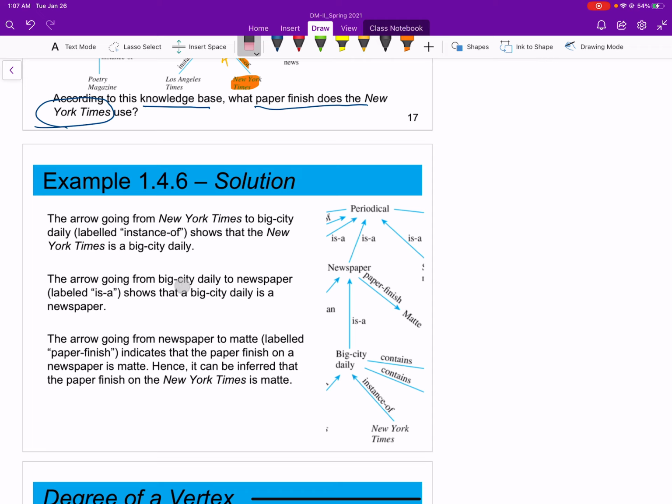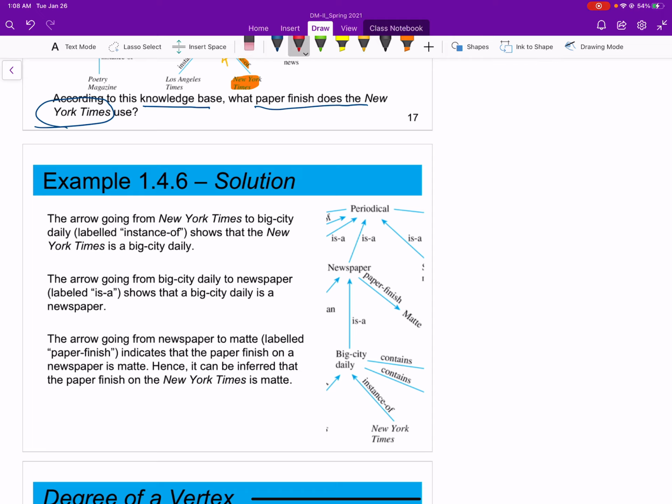The arrow going from Big City Daily to newspaper is labeled is a, which shows that a Big City Daily is a newspaper. The arrow going from newspaper to matte is labeled paper finish, which indicates that the paper finish on a newspaper is matte. Hence, it can be inferred that the paper finish of the New York Times is matte.